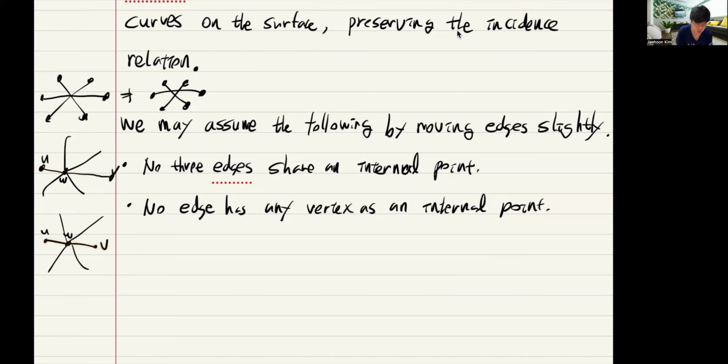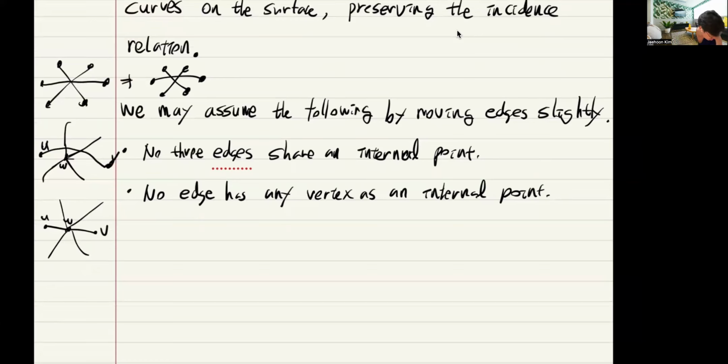So in order to avoid that confusion, in the first case, we slightly move this edge so that we instead draw it in this way, to make it clear that this is an edge between u and v.